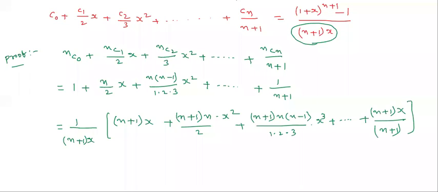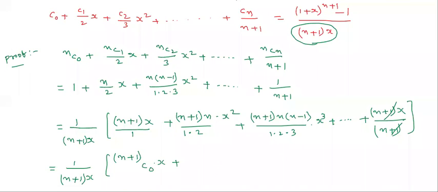Here n plus 1 is going to cancel. Observe that only 2 is there; I am writing 1 into 2, and in the denominator also I am writing 1. So finally n plus 1 by n plus 1 into x. The first term we can write n plus 1 C0 into x.